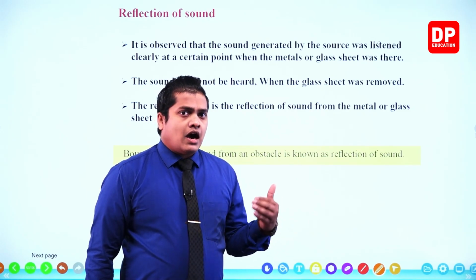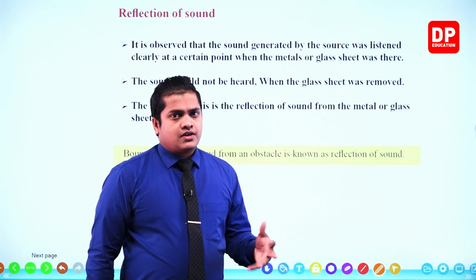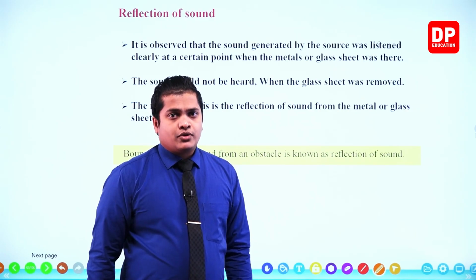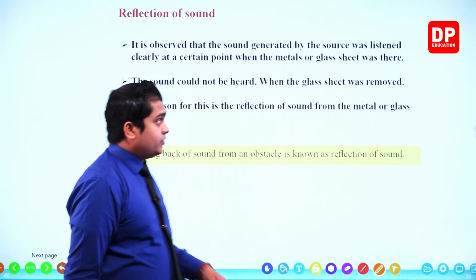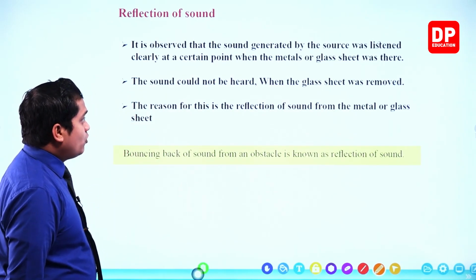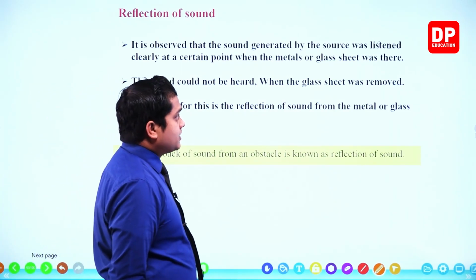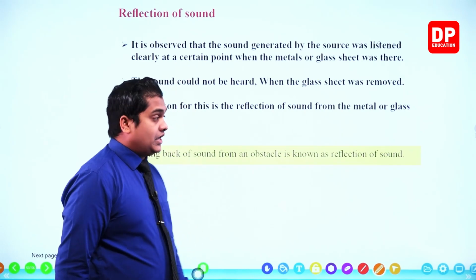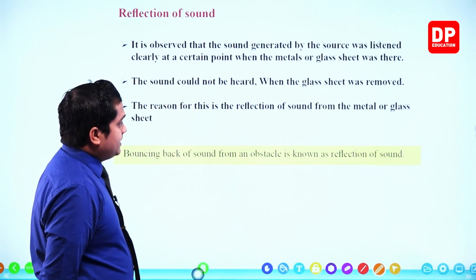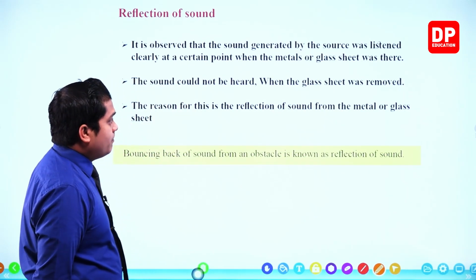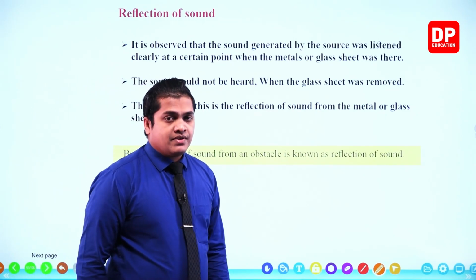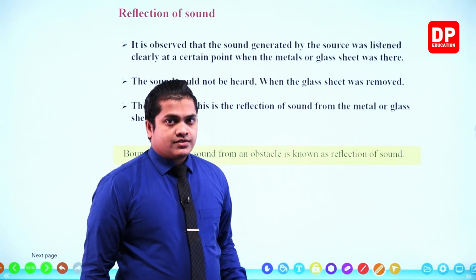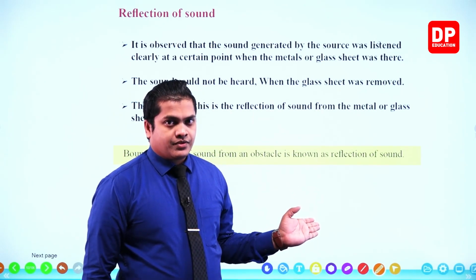However, after removing the reflective surface, I won't be able to hear that tick sound. So the second point: the sound could not be heard when the glass sheet was removed. The reason for this is the reflection of sound from the metal or glass sheet. So the reflection is the main reason for this observation.